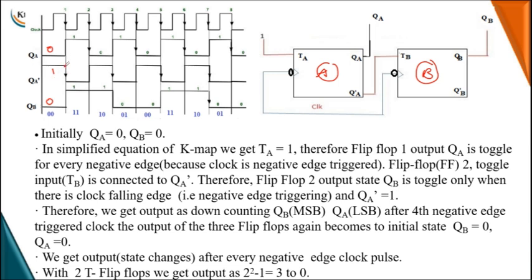On the trailing edge of your first clock pulse, since QA bar is 1, the second flip-flop output will move from 0 to logical 1, and this state continues till you have your third clock pulse.